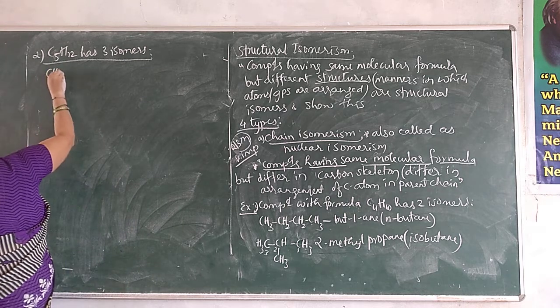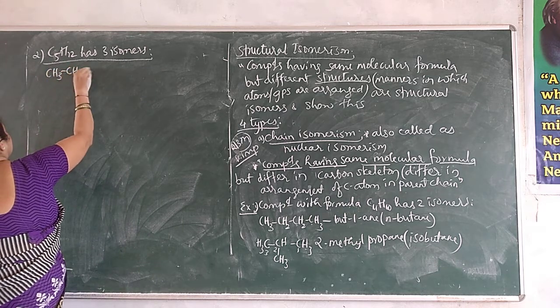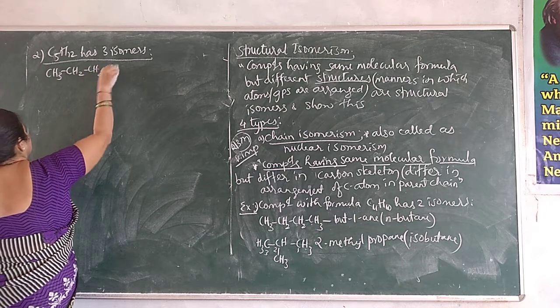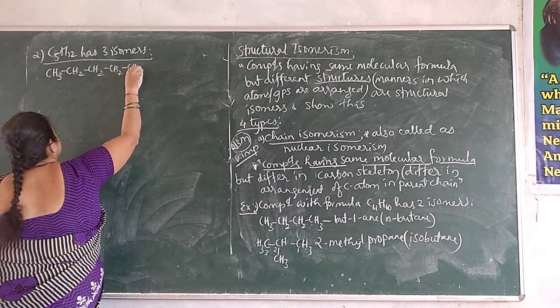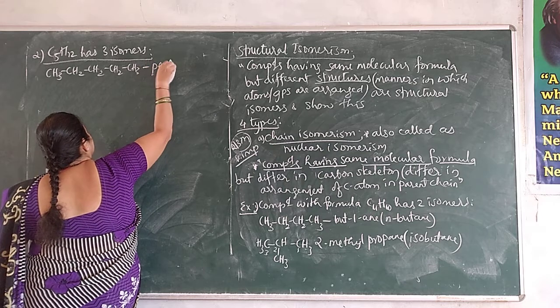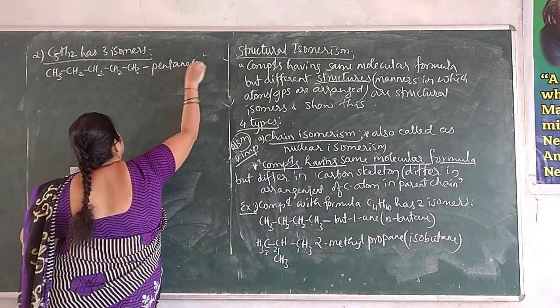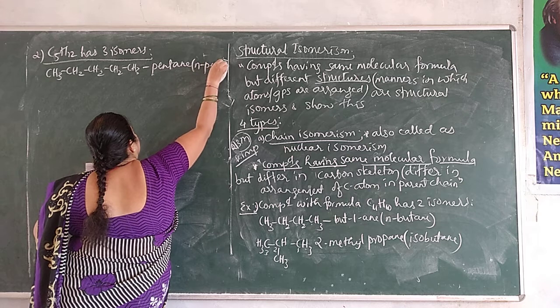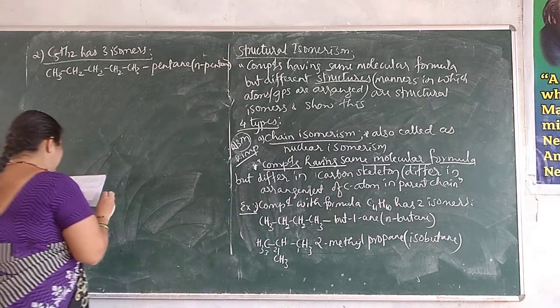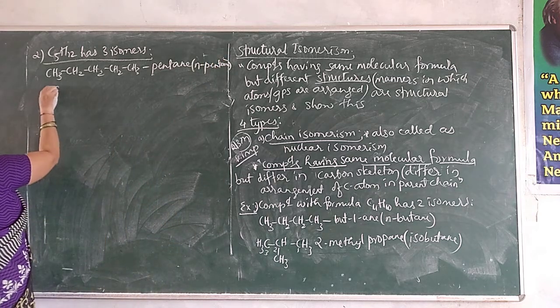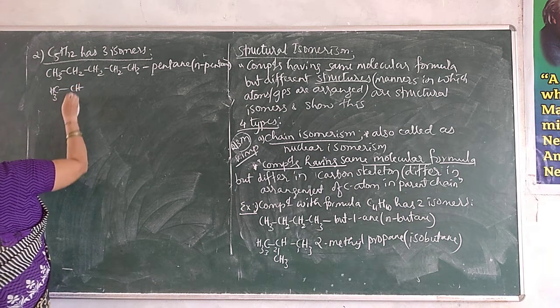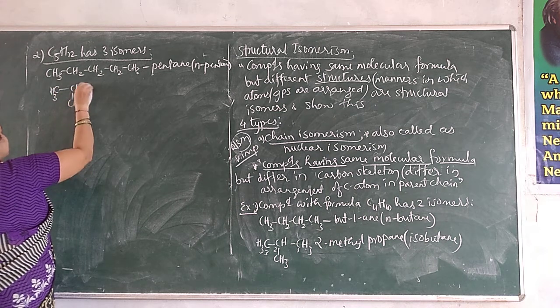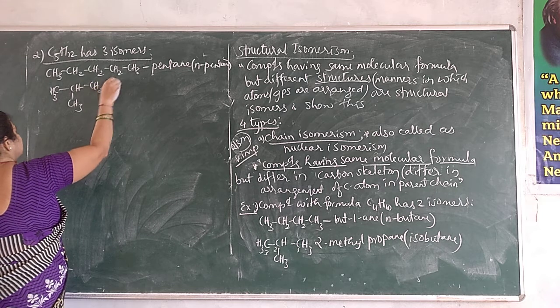First isomer is the straight chain CH3, CH2, CH2, CH2, CH3, pentane or n-pentane, n-pentane being the common name. Now CH3, CH, CH3, CH2, CH3.